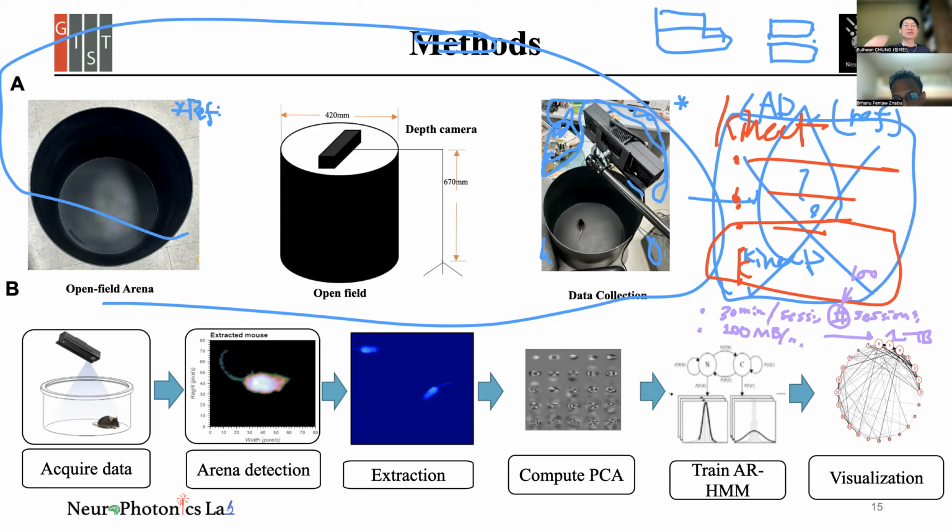Those pieces of information are very important for understanding what's going on, how difficult it is, and how much data set you're actually generating. So in that space, you can use acquire, arena detection, extraction. It's not very clear, the compute principle. In fact, this figure is kind of not understandable, but that's fine.